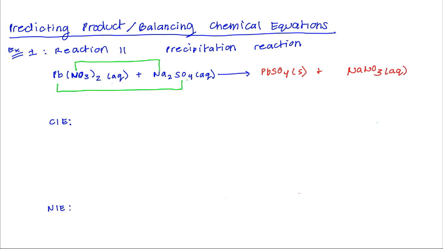We have two sodiums on the reactant side, but we only have one on the product side. So we need to start adding in coefficients to balance this out. On the product side, we want to add a coefficient 2 here.